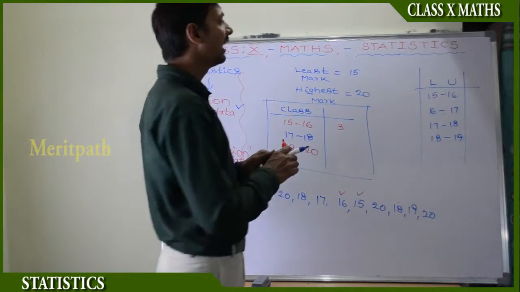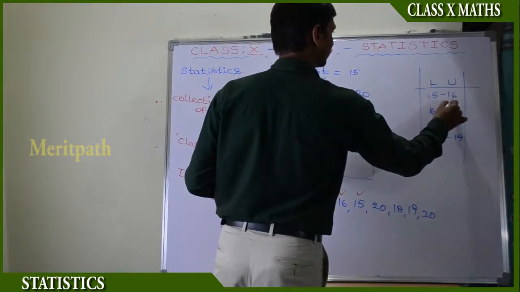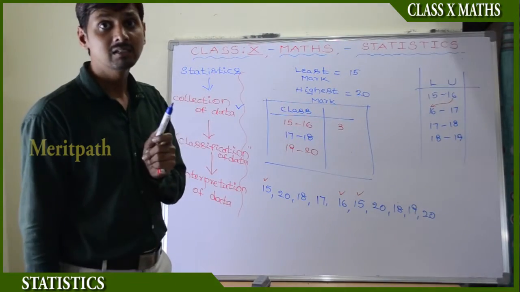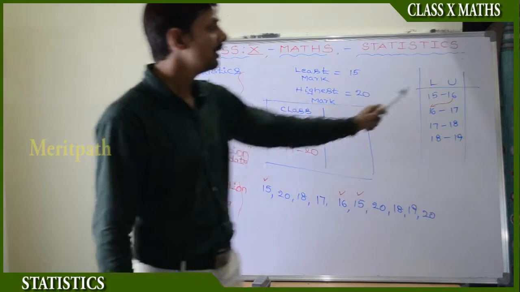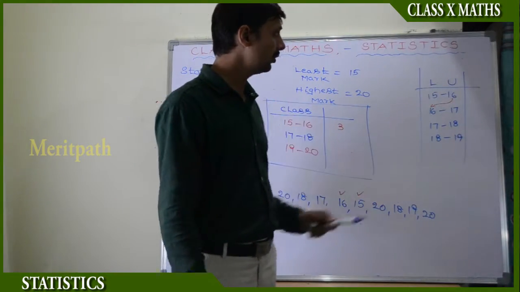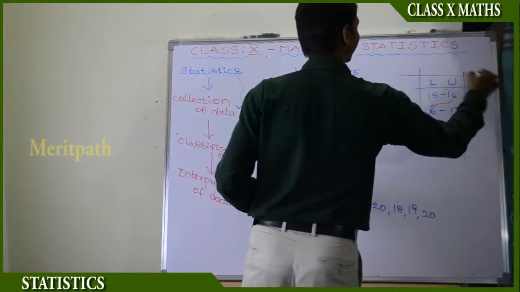In this, if the upper boundary repeats as the lower boundary of the next class, it's called exclusive classes, because its upper boundary became the lower boundary of the next class.